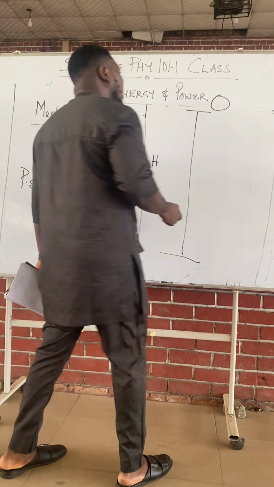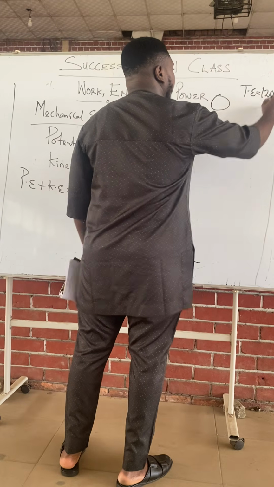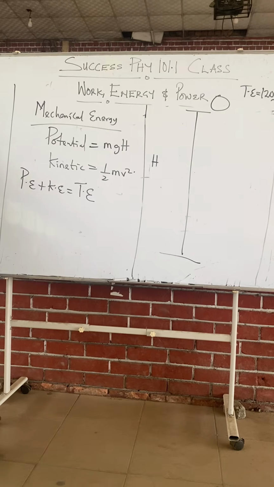Let us say that before the ball started falling, the total energy in the system is 120 joules.